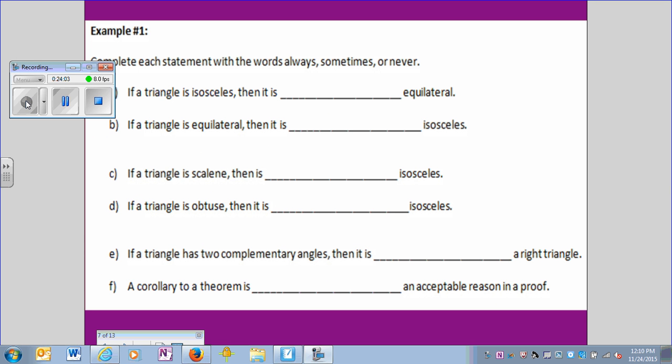Okay, so let's see what you got. If a triangle is isosceles, then it is always, sometimes, or never equilateral.